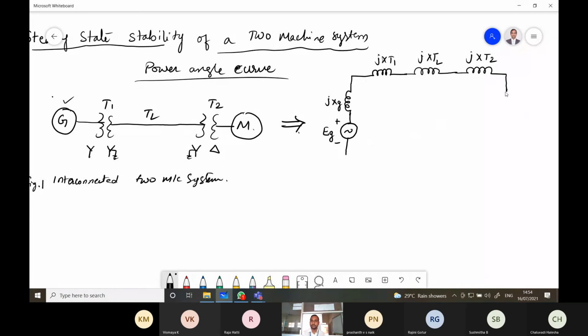Then the motor is represented by the voltage source EM, plus and minus, and jXM. Okay, this is the reactance diagram of this figure 1 interconnected two machine system.